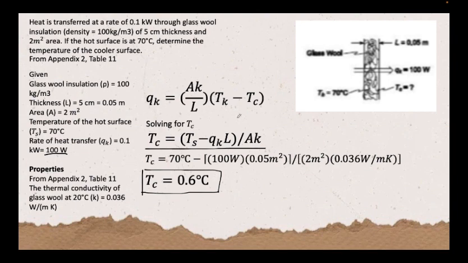Next is to rearrange the formula and know what to isolate in order to answer correctly. Next is to solve and substitute all the given values and cancel all the units in order for you to find the correct answer to the given problem.